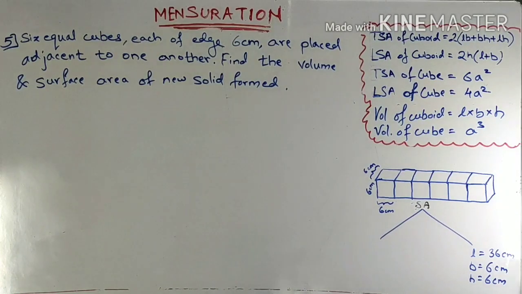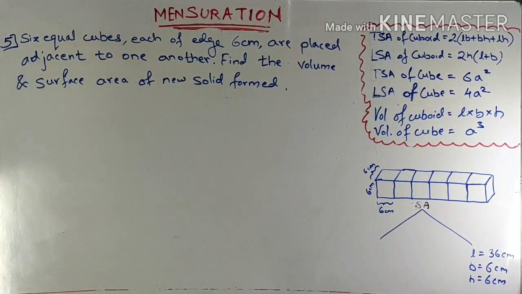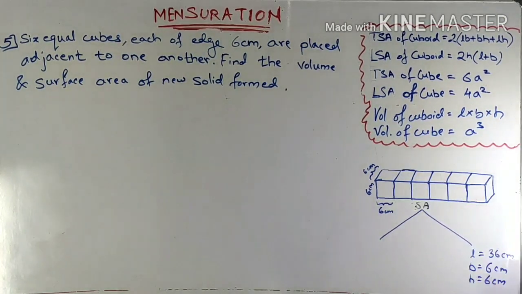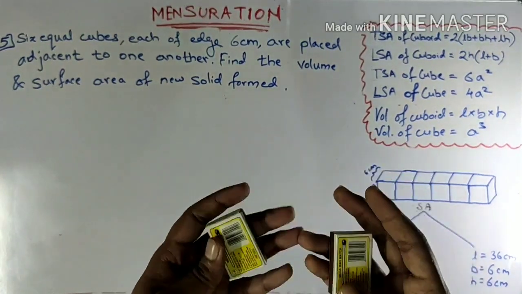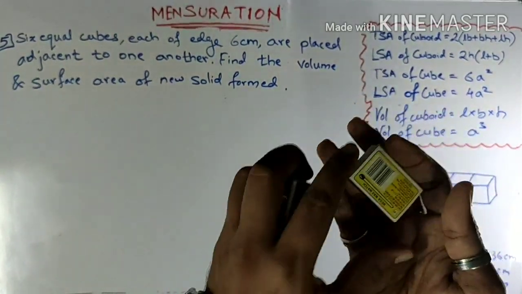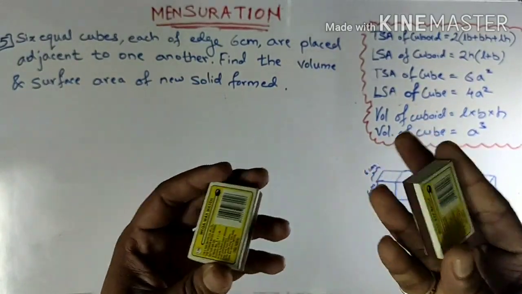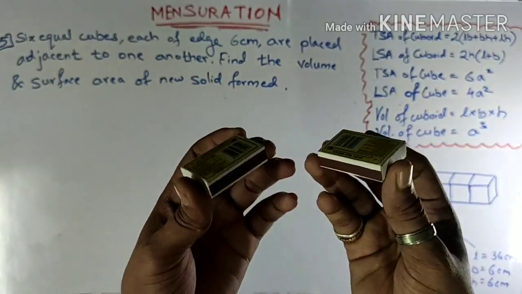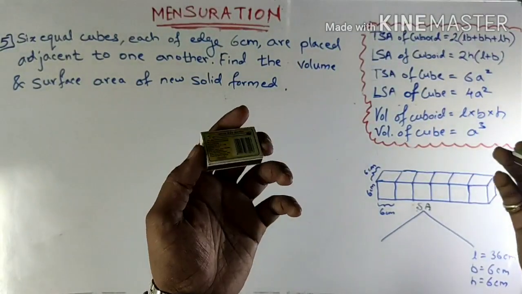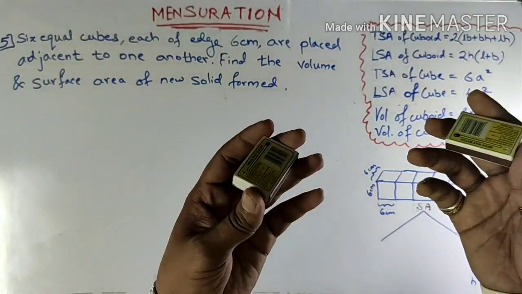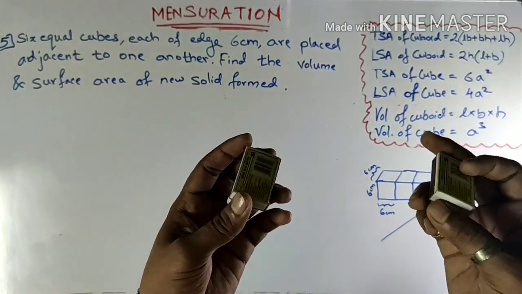In the second method, we cannot directly multiply 6 into the surface area of the cube, because if I consider this as my cube, and this is my surface area, then the total surface area should be multiple times of the surface area of the individual cube.